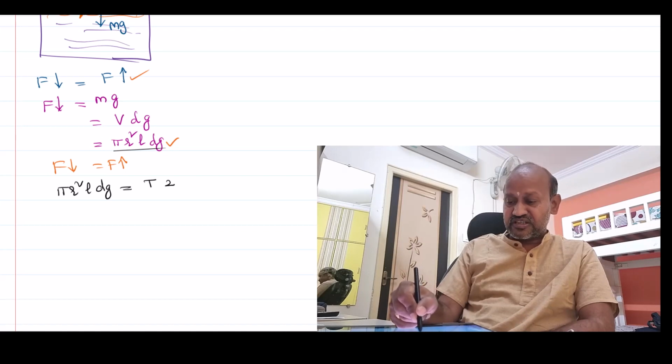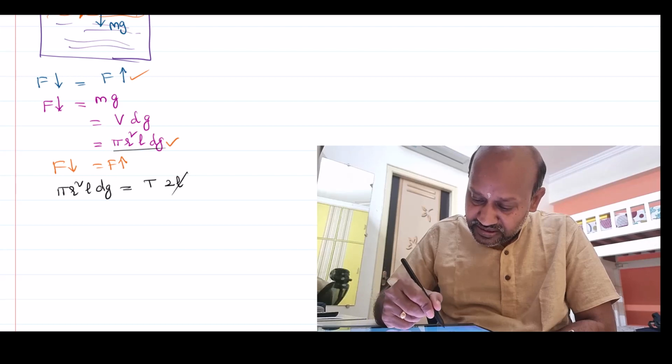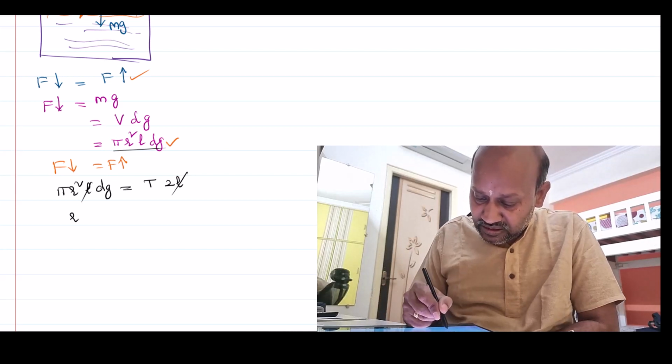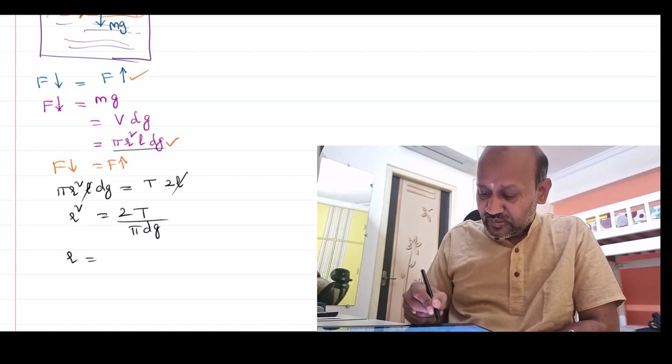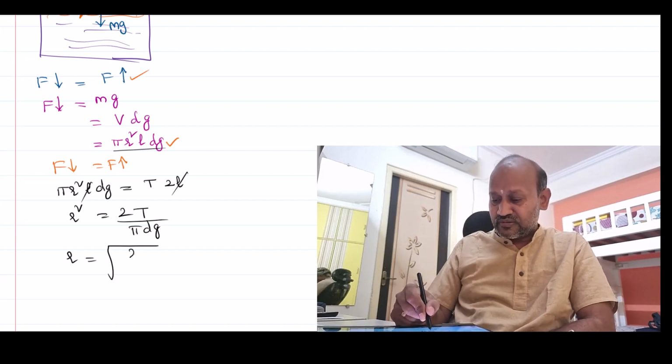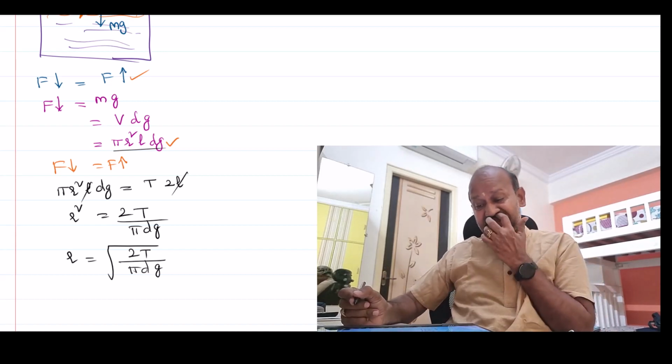Force upward is T into 2L, where T is the surface tension. Then L can be cancelled. You want r, so r square is 2 into T by pi d g. So the maximum radius of the wire is the root of 2 T by pi d g, where d is the density and T is the surface tension.